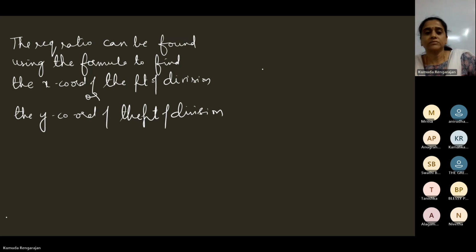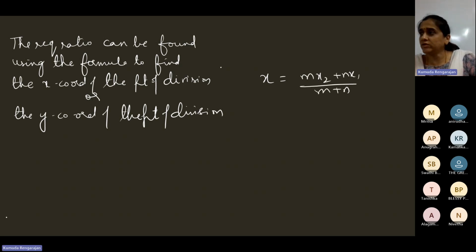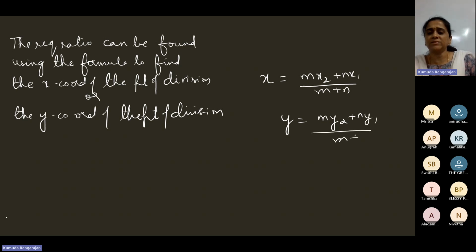Okay. So how do you find the x-coordinate of the point of division? X is equal to m x2 plus n x1 by m plus n. The x value is given already. The y coordinate is y is equal to m y2 plus n y1 by m plus n. These two can be used separately. That's what we did, no?